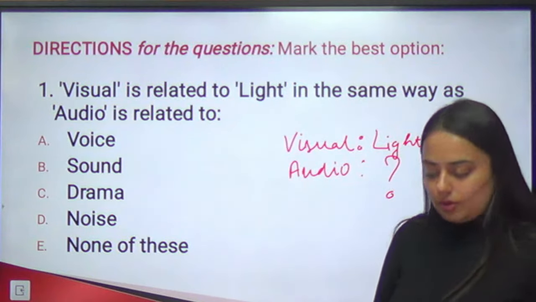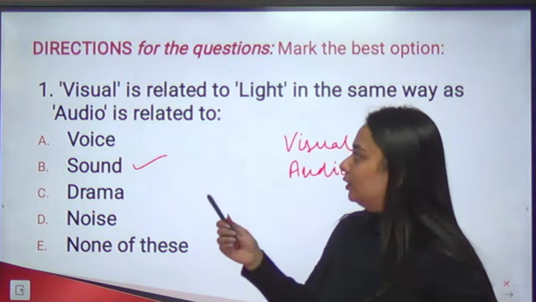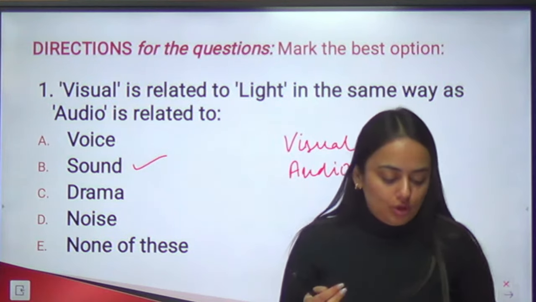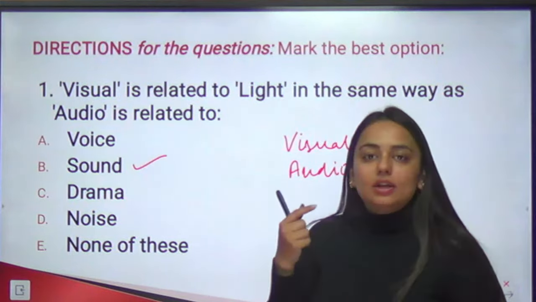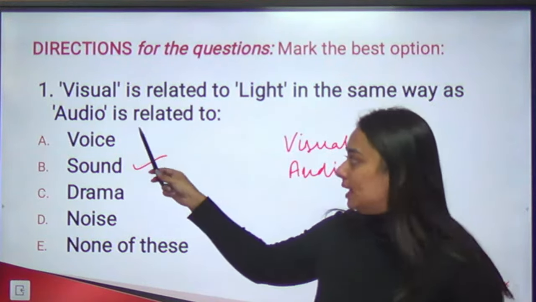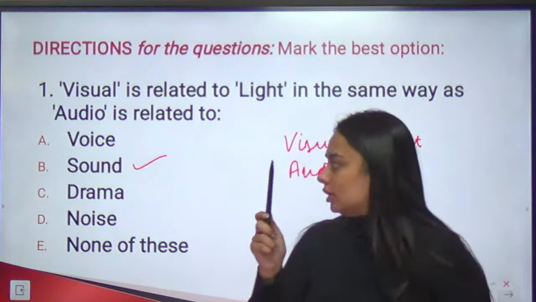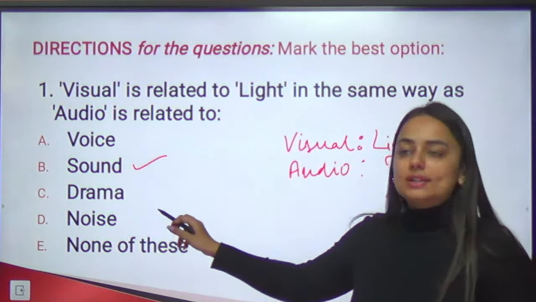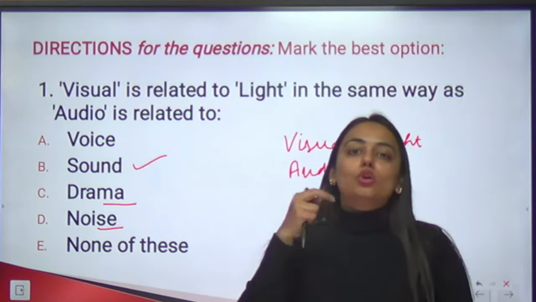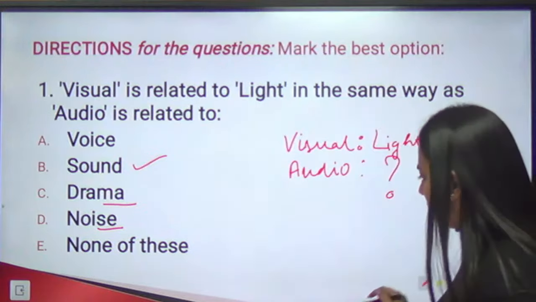Right, so it is related to sound. जब हम साउंड की बात करते हैं तो the sensory emotions that we have, or the senses that we have, is hearing, smelling, right, tasting. So in that way light is related to visual and audio is related to sound, not voice. Voice is related to speech, not sound. ड्रामा is out of context और noise होता है शोर. So again, the connotation is different. Most appropriate answer should be sound here. I hope this one is clear.